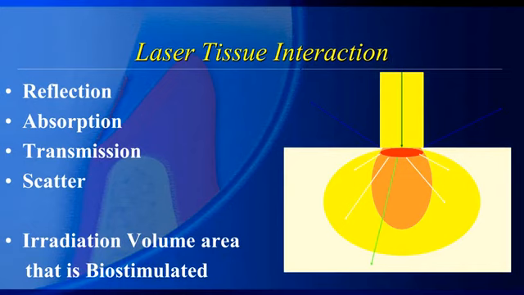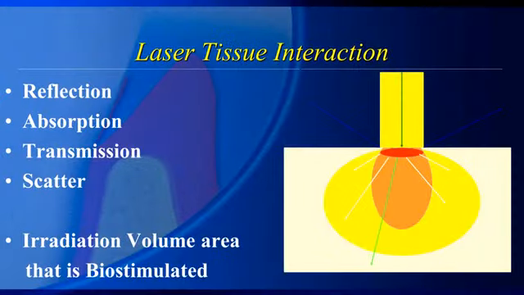Now, the next slide I'm showing you is what's called laser tissue interaction. Laser tissue interaction explains what can happen when you shine a soft tissue laser, or really any laser, at tissue. There's one of 4 things that will happen when a laser is put into tissue, and it spells RATS. So how I remember it is the acronym RATS, R-A-T-S.